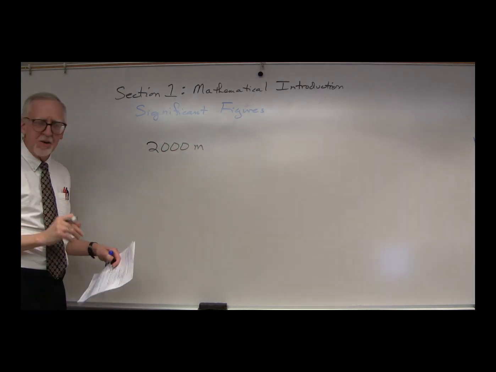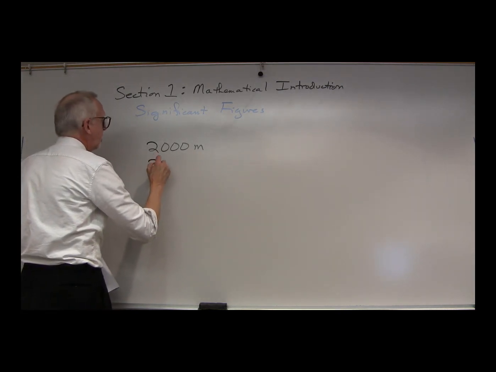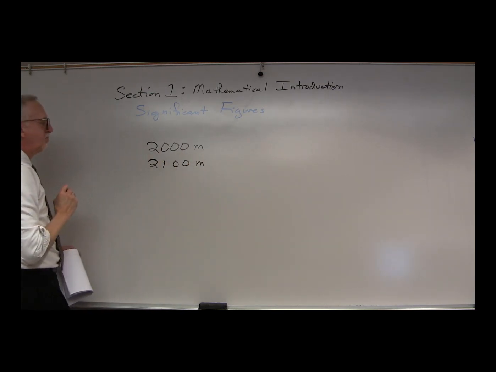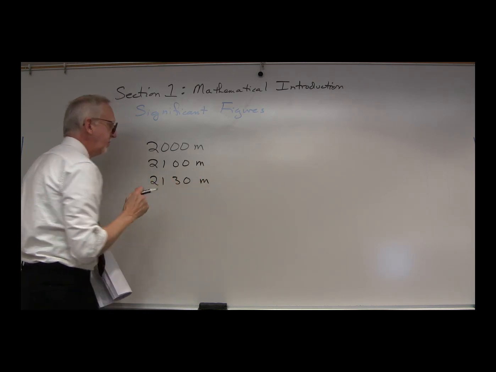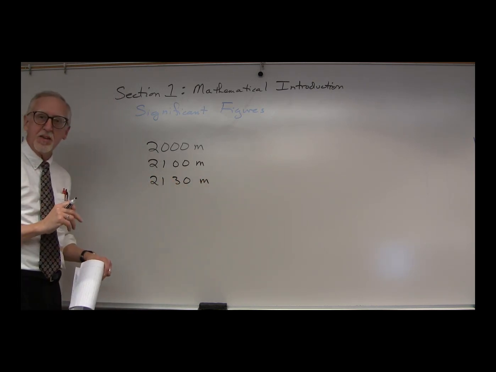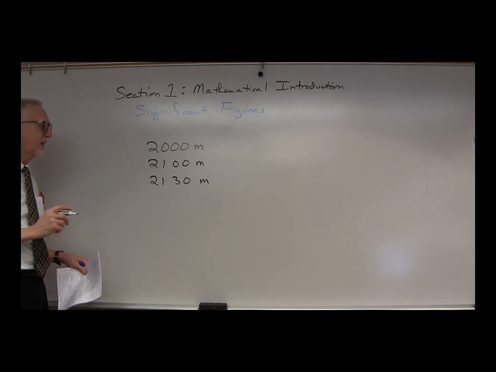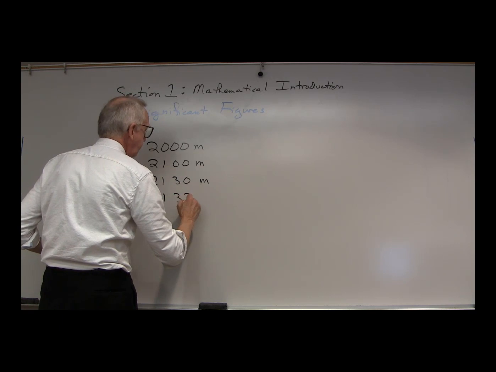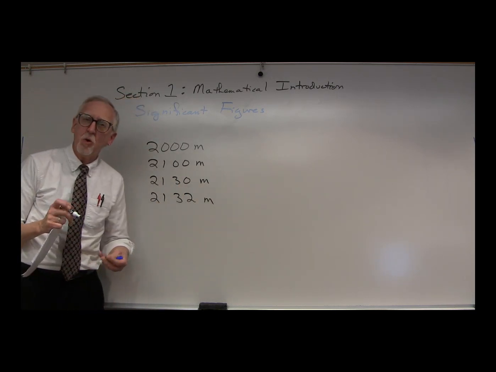I'll come back to talk about units in just a minute. Say 2,000 meters. Another person quotes a value of 2,100 meters. Another one quotes a value of 2,130 meters. And another person, I don't know how exactly they calculated this or measured this so precisely, but they say 2,132 meters.